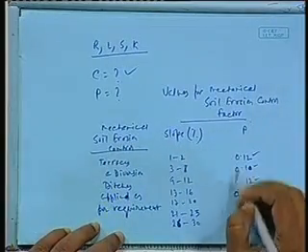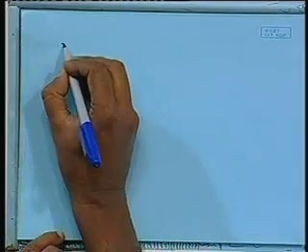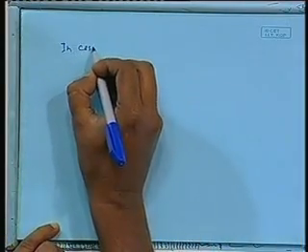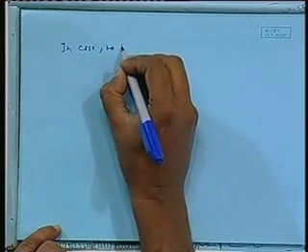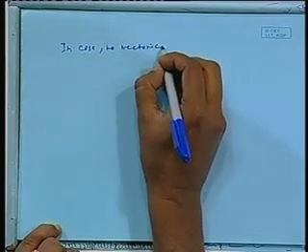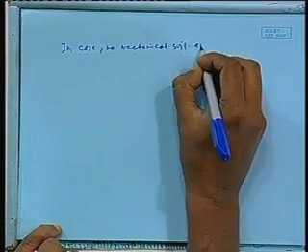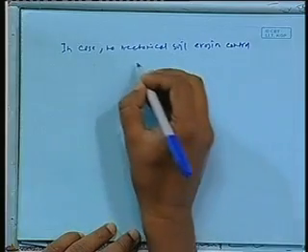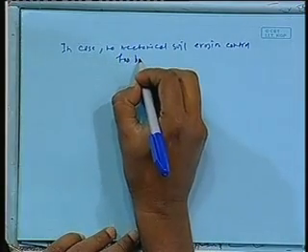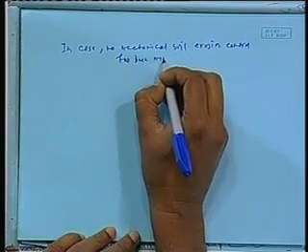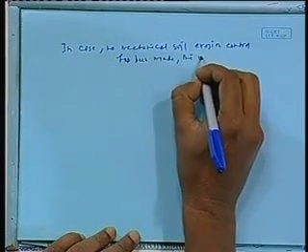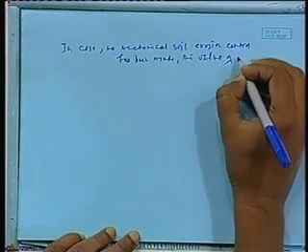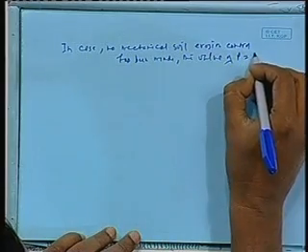then you have taken this down, this table. In case no mechanical soil erosion control has been made, the value of P is equal to 1.